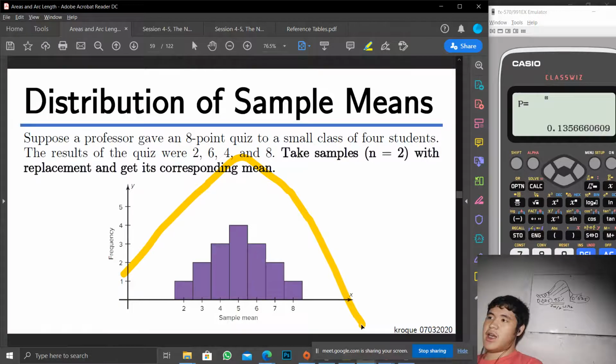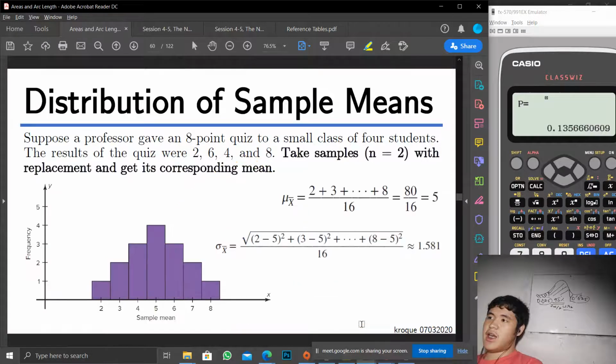Because it is symmetric. So, the mean of the sample means is 80 over 16, which is equal to 5. While the standard deviation, or the standard error as they call it, is just 1.581. What do we notice?